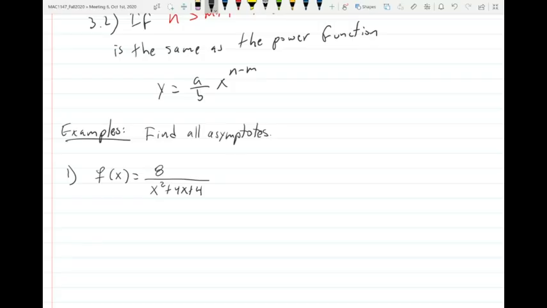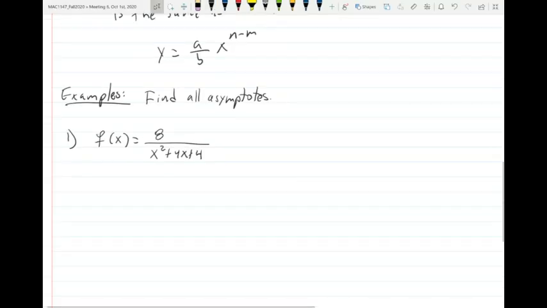Okay, so remember, the first thing that we should do to answer this question is always factor as much as you can, so we can answer the question quickly. In this case, on the top there is nothing to do. In the bottom, we can factor this. This would be x plus 2 squared.